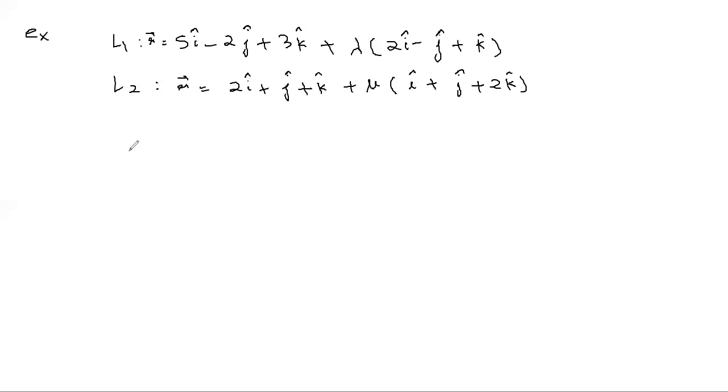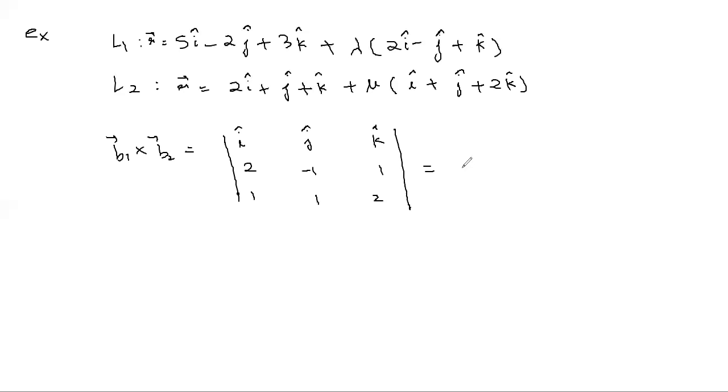Let's find b1 cross b2. The first row will be i j k, the second row is the vector along line 1, which is 2, minus 1, 1, and the third row is the vector along line 2, which is 1, 1, 2.